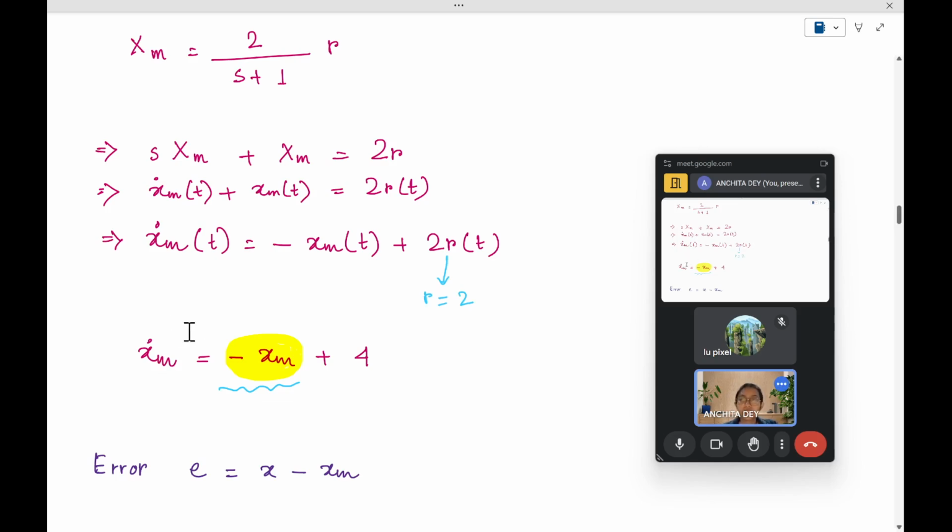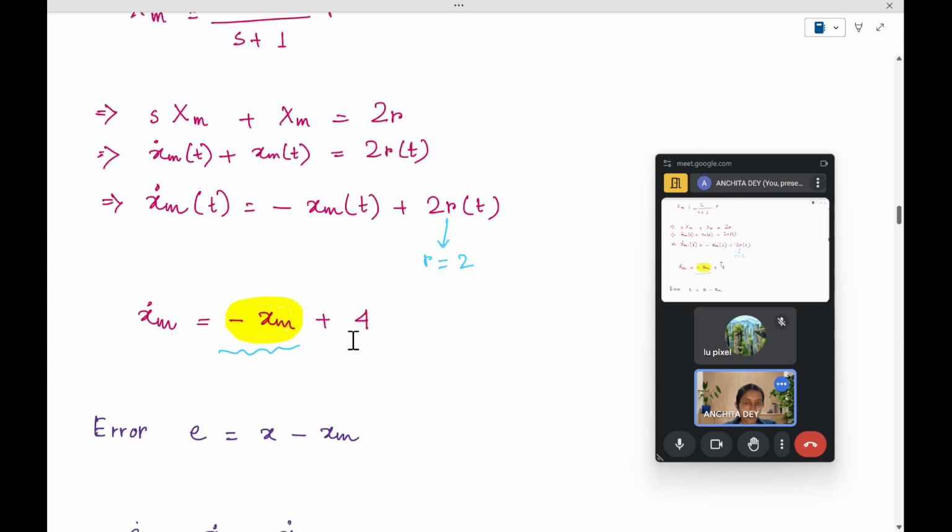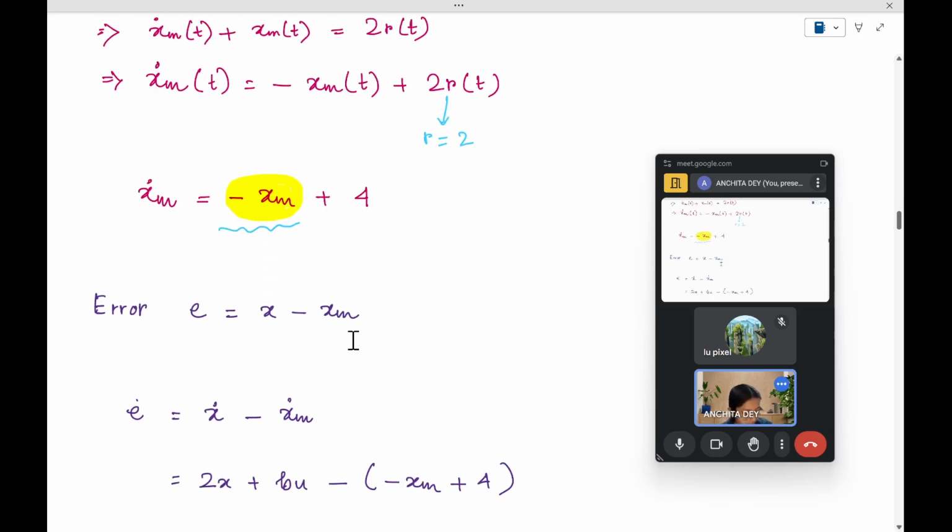So you have xm dot = -xm + 4, and if you recall what the reference model was explained in the class to be, we have am xm + bm r, where we wanted am to be less than 0. So here your am = -1, which is less than 0, and that's good for us.